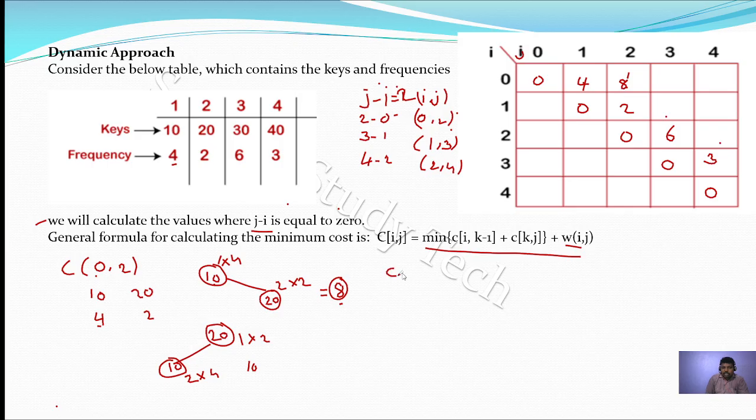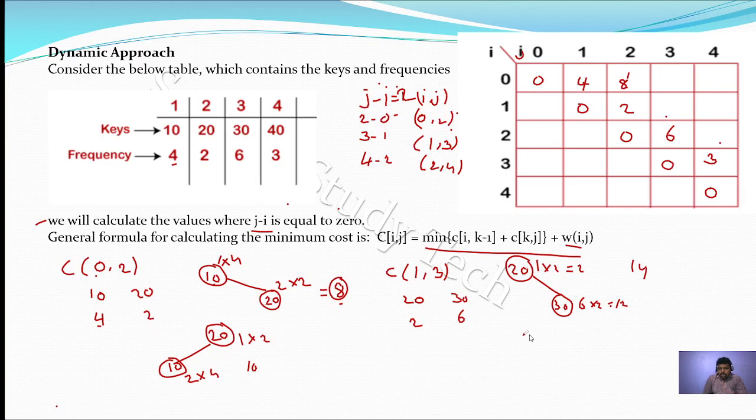Next, C of 1 comma 3. That means ignore the first one and consider the second and third. Here you can see the second key is 20, the frequency is 2. The third key is 30, the frequency is 6. So here 20 is the root node and 30 is its child: 1 into 2, that is 2, and 6 into 2, that is 12, so here it is 14.